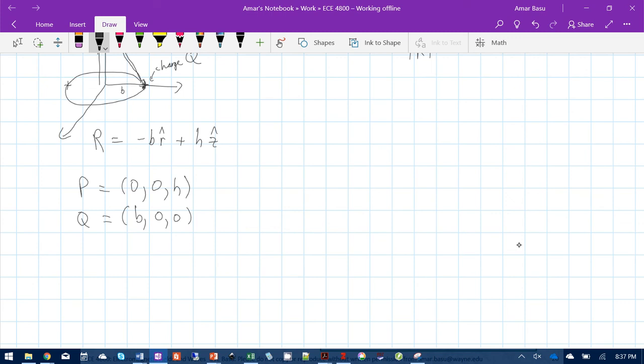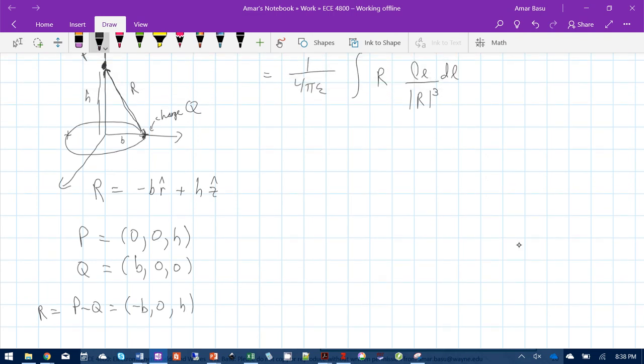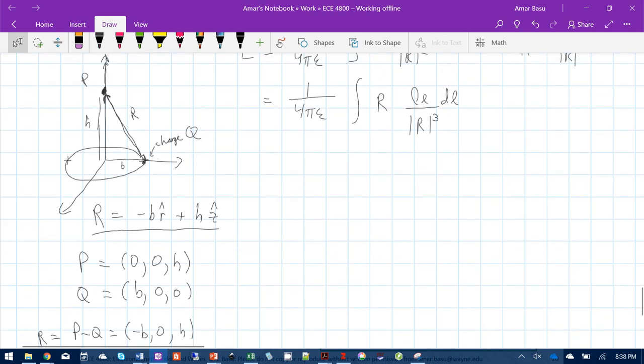And P minus Q. R is going to be equal to P minus Q. So that's going to be negative B, 0, H. Right, which is the same thing as what we found here. All right, so we found our R.